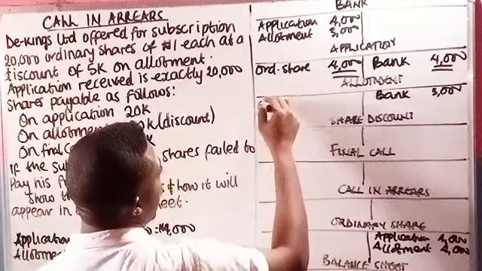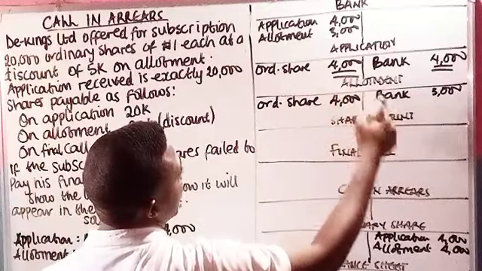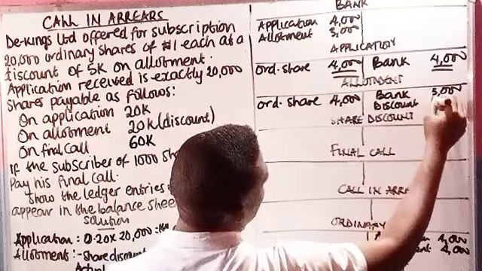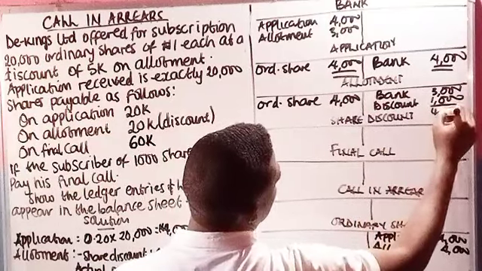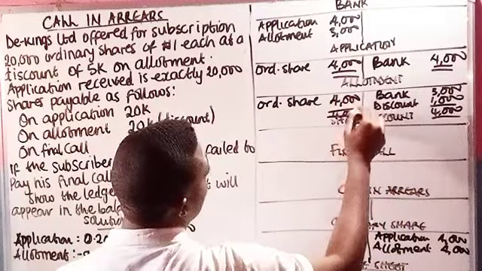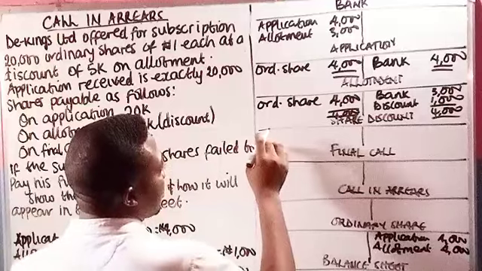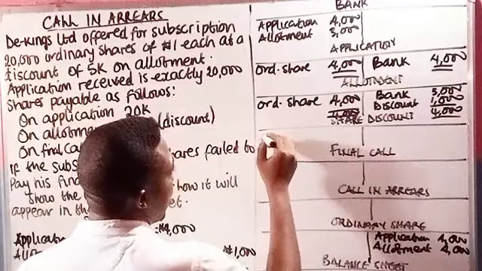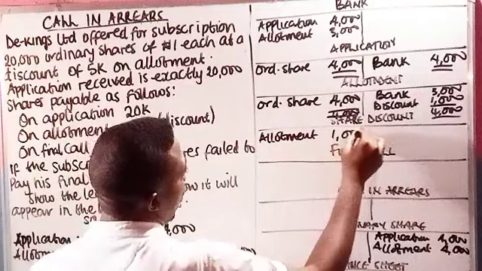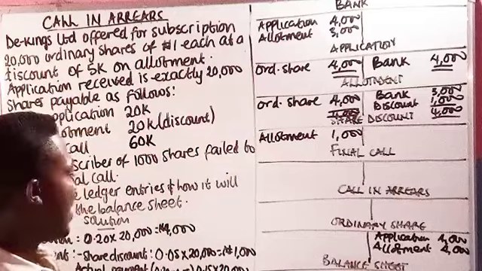So we'll come here, ordinary share 4,000. So the difference is our discount of 1,000. So this is now 4,000 and this is now 4,000. Corresponding entry comes here as allotment 1,000.